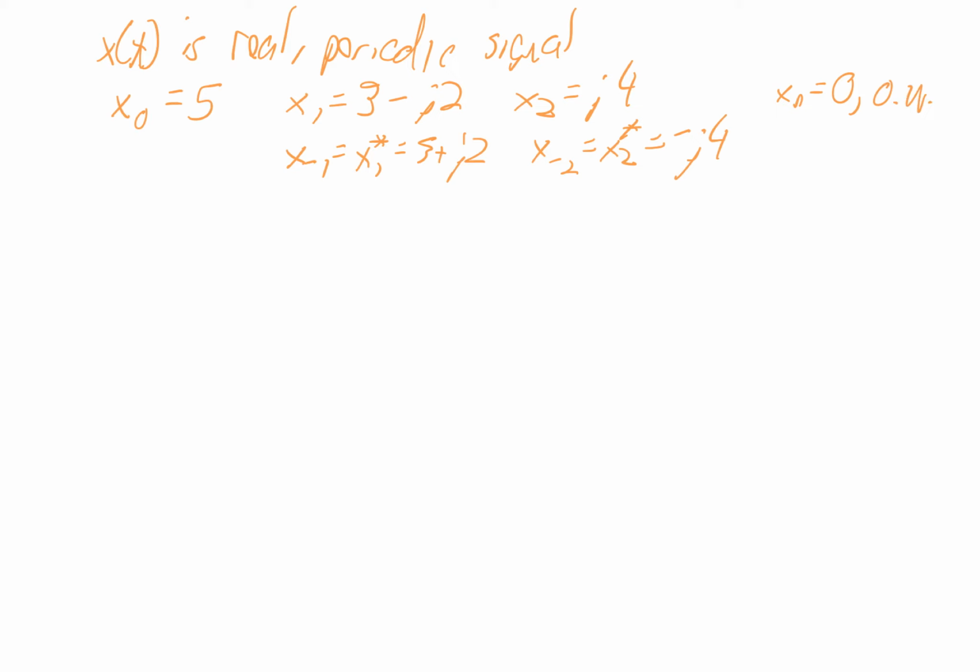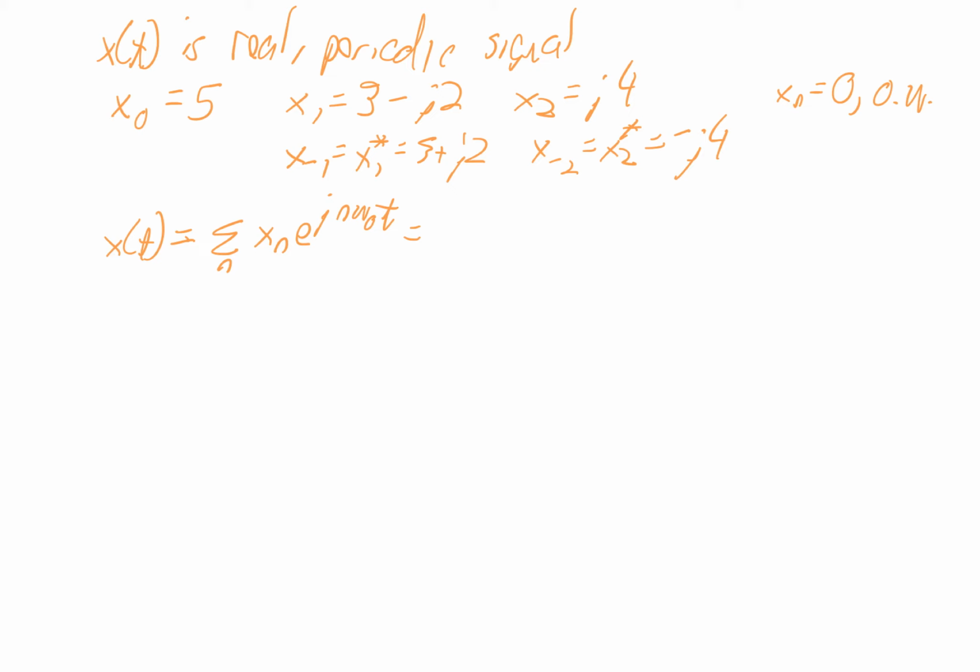So now we can write the signal x of t using the exponential Fourier series. The exponential Fourier series is defined as the sum over all n from negative infinity to infinity of x of n e to the j n omega naught t, where omega naught is the frequency and t is the time variable. And let's now go through the 5 values we have for the Fourier series.